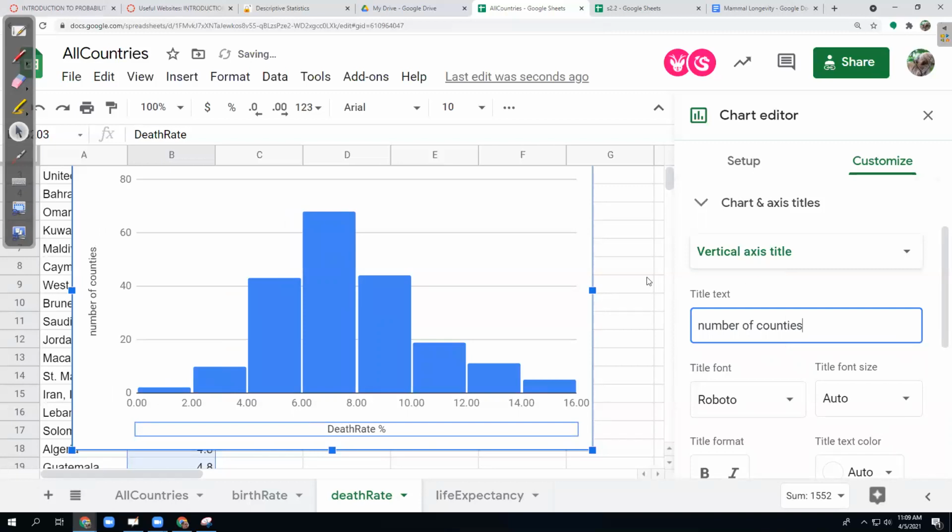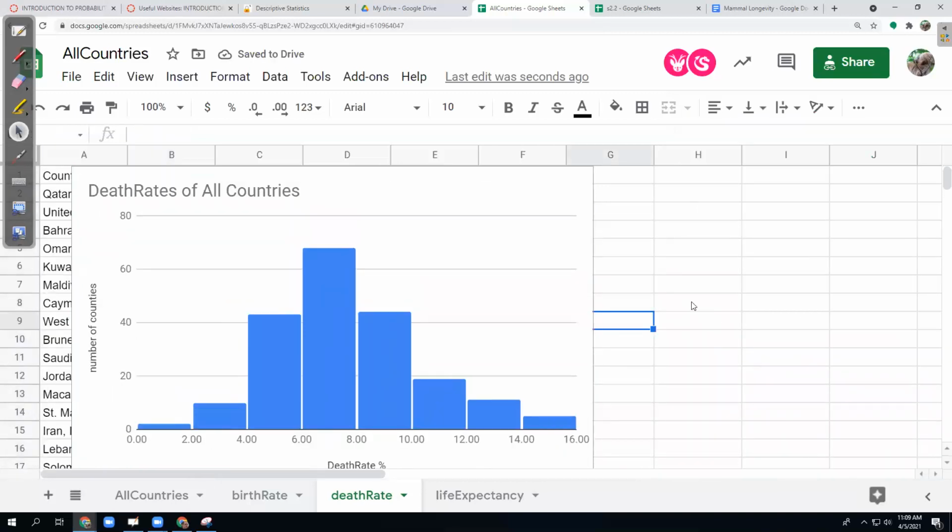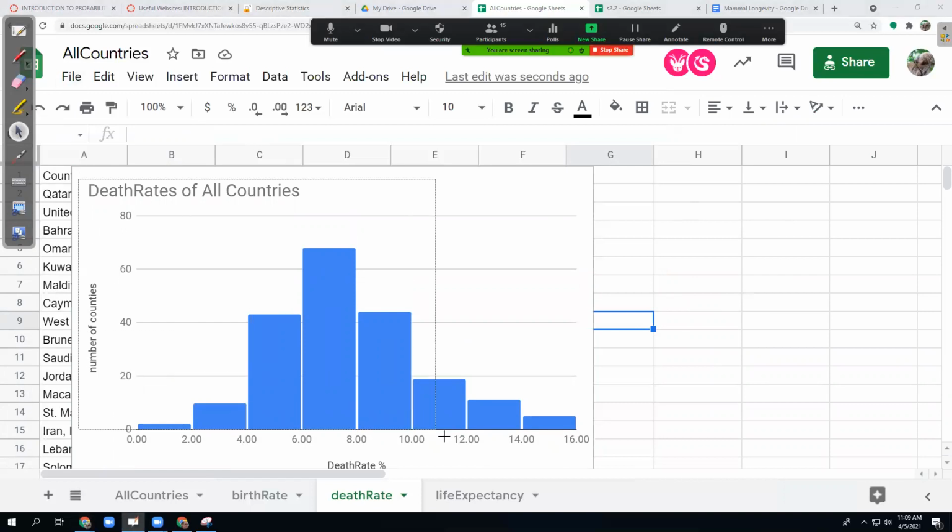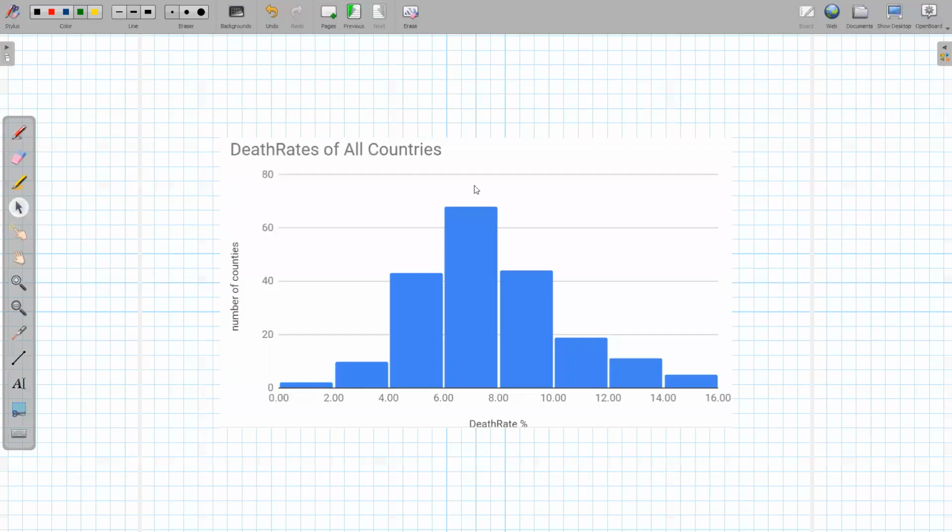Okay, and then let's write about what we see here. So a screenshot of this. Okay, so what do we see in this distribution? I see a relatively symmetric bell-shaped distribution.